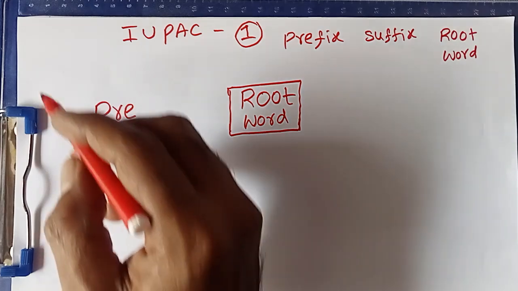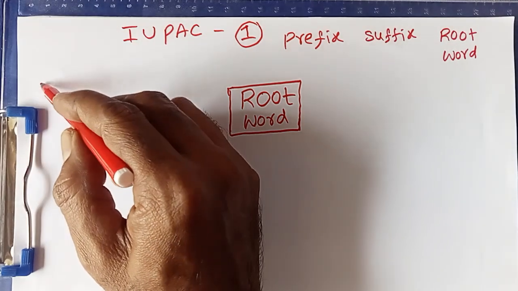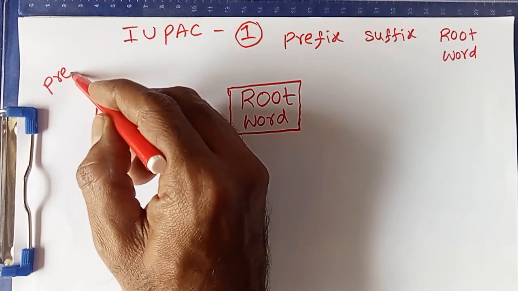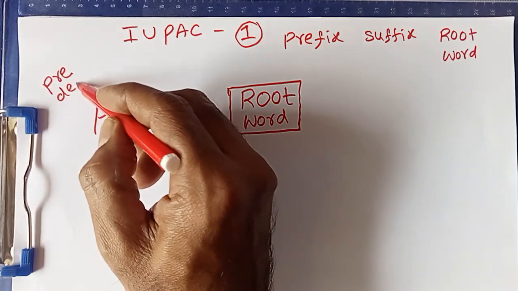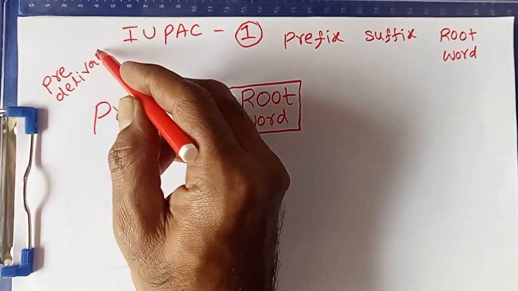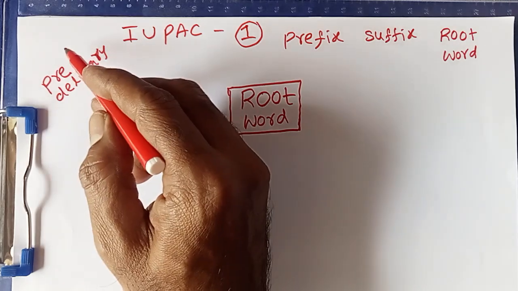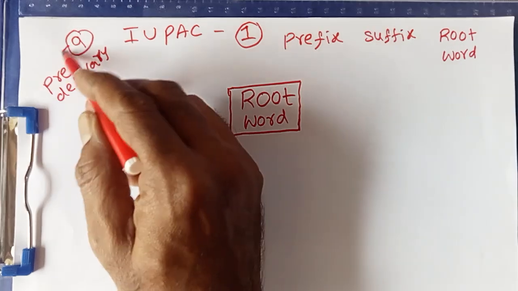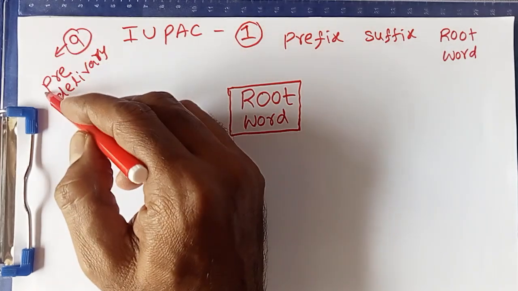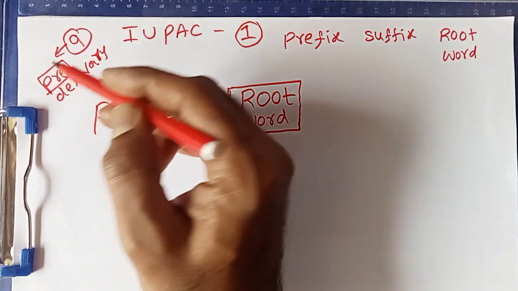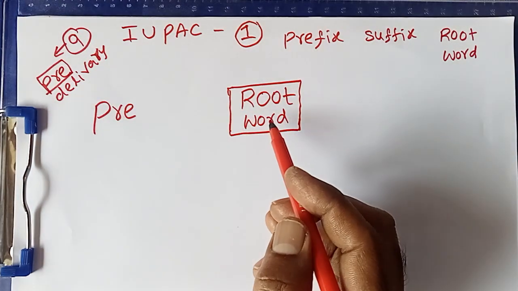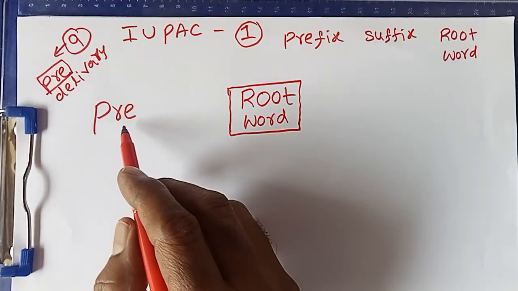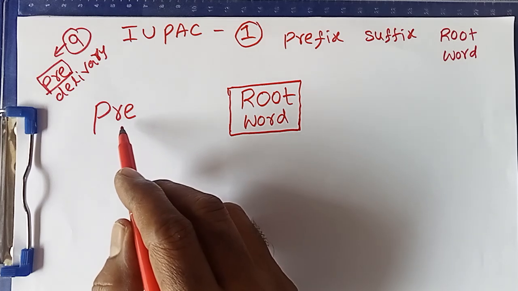Pre meaning, for example, pre-delivery. Pre-delivery means before 9 months, 9 months before only delivery. The pre means before. So here also, root word before, that's why this term pre.